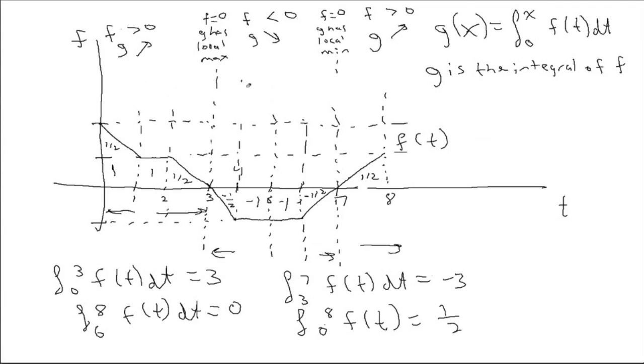So this should have reminded us of the patterns we saw in the earlier chapter. Notice whenever f is positive, G is increasing. Wherever f is negative, G is decreasing. And when f is 0, G has a local max. What should that remind you of? Doesn't it seem like f is acting a lot like the derivative of G?